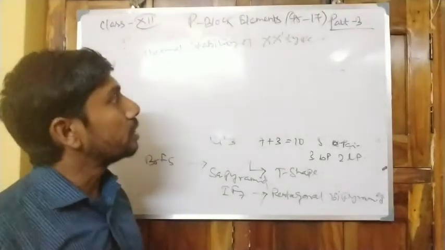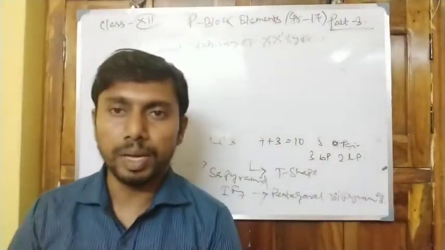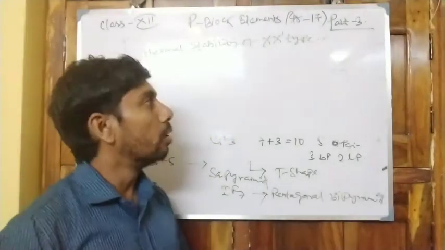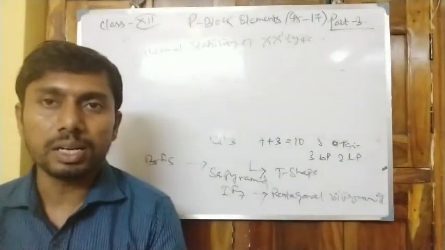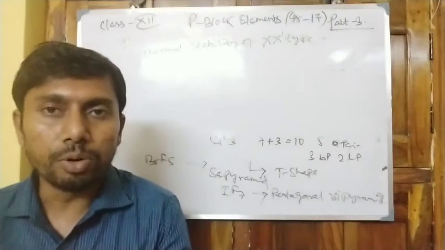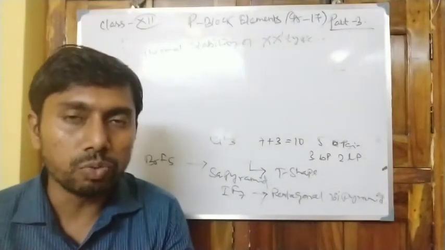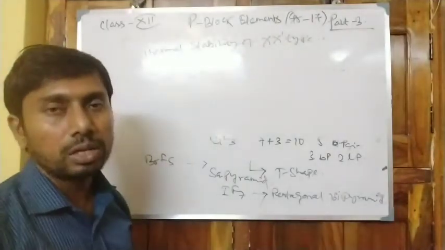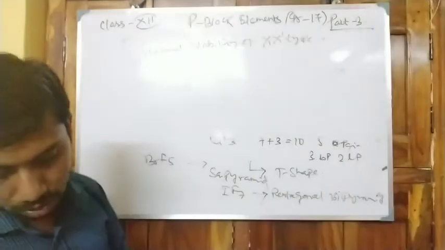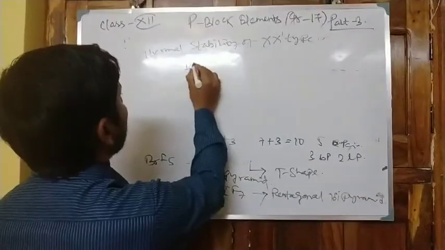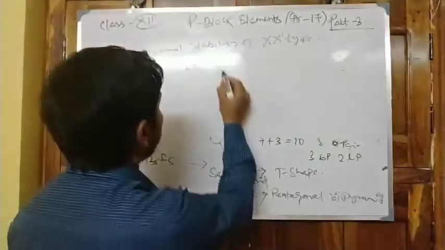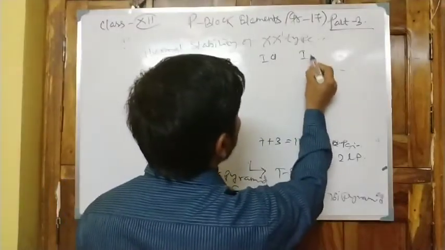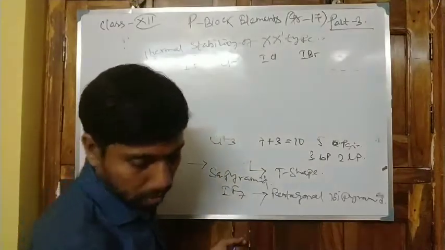The stability of interhalogen compounds of the XX' type depends on the electronegativity difference of the two atoms. As the electronegativity difference is greater, the compound is more ionic and will have more stability towards heat. Now for example, if we compare IF, ClF, ICl, IBr and BrCl.